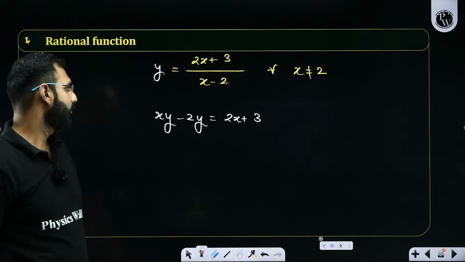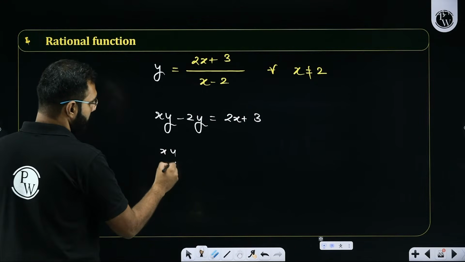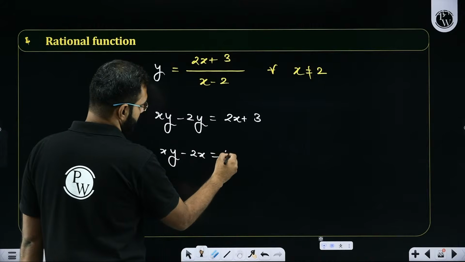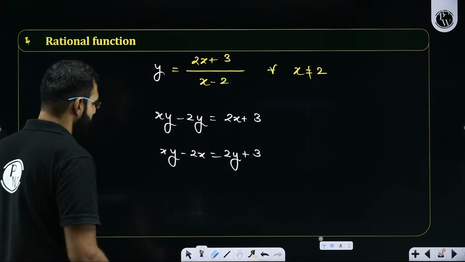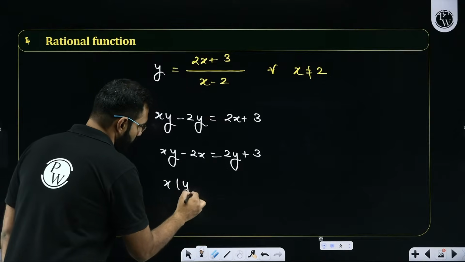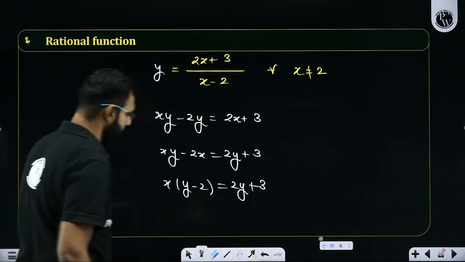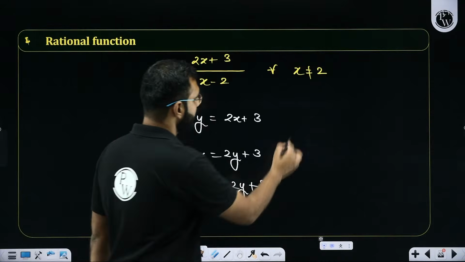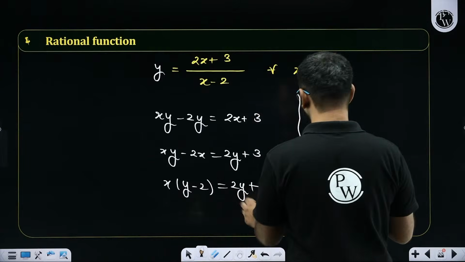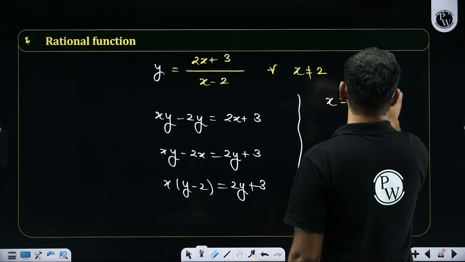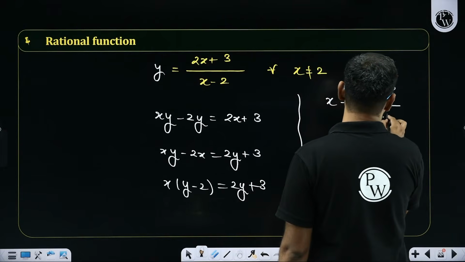Now, if I bring this 2x here, 2y there, I'll have xy minus 2x is equal to 2y plus 3. If I take x common, I'll have x times (y minus 2) is equal to 2y plus 3. Then I'll push this y minus 2 to the other side. So what I'll have is x is equal to (2y plus 3) whole divided by (y minus 2).